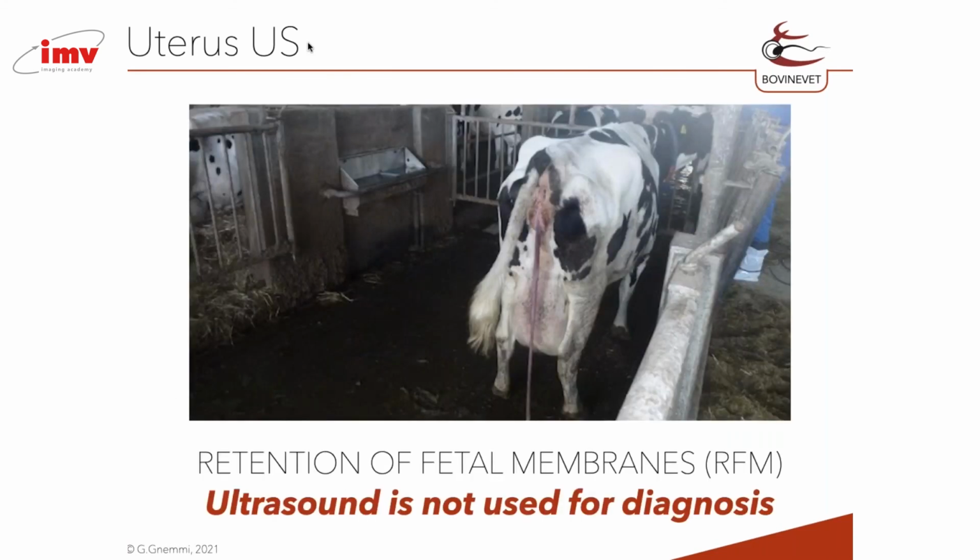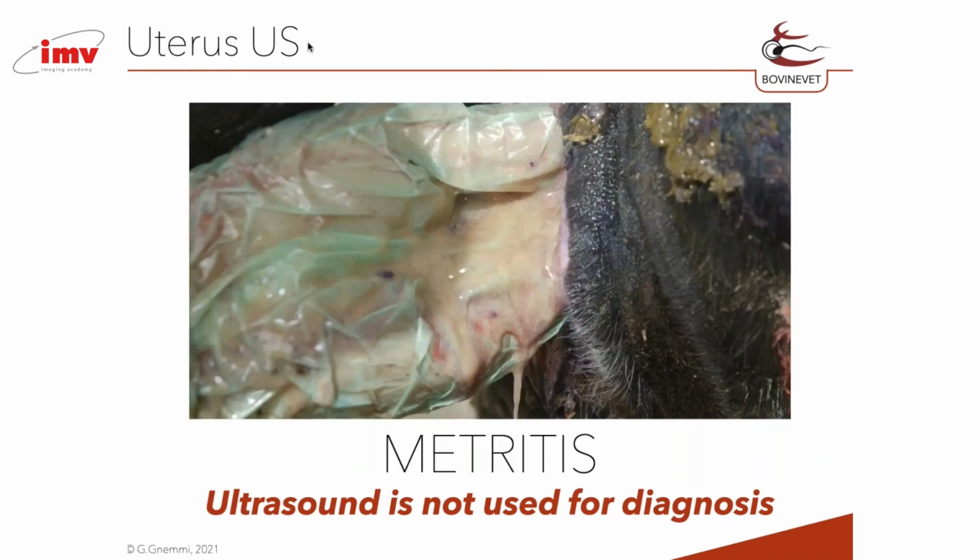Well, where can we start to use an ultrasound? Personally, I start to use my ultrasound unit only after day 10, 12, 13 after the calving, after the delivery. I'm not able to find an application of the ultrasound for the diagnosis of retained placenta, but also for the diagnosis of perimetritis.